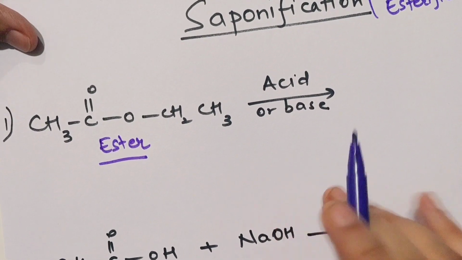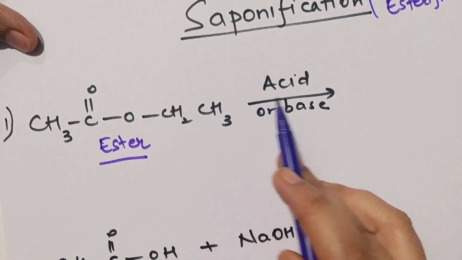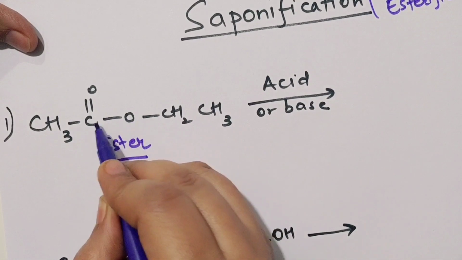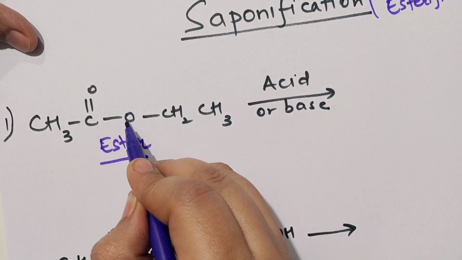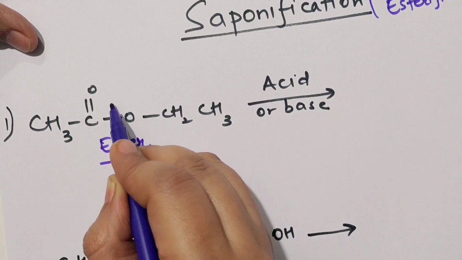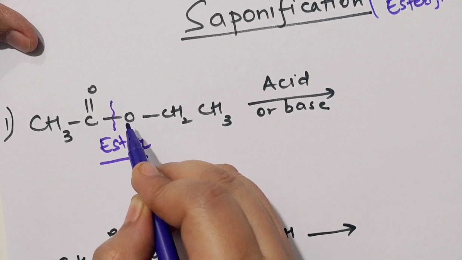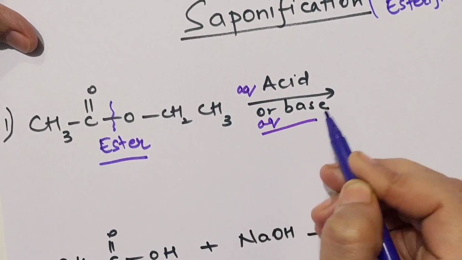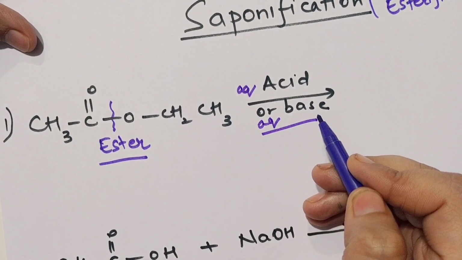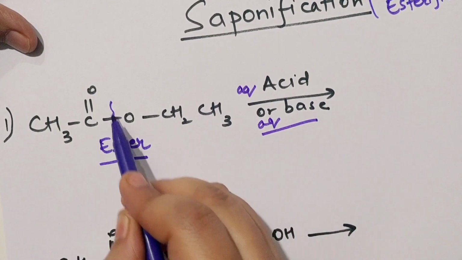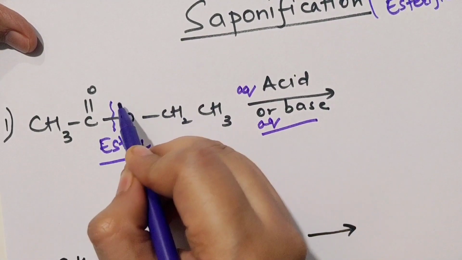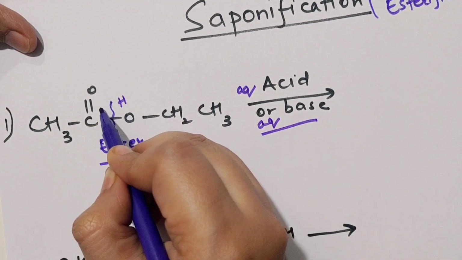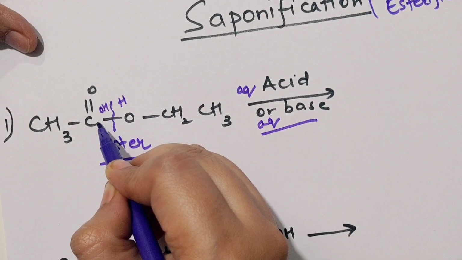So what happens is, if you use acid, what will happen? This is the ester bond. This C single bond O is the ester bond. This will break. Obviously we are using aqueous acid or aqueous base, so that means it has a lot of water. This bond will break. The H of the water joins with this oxygen and the OH of the water joins with this carbon.